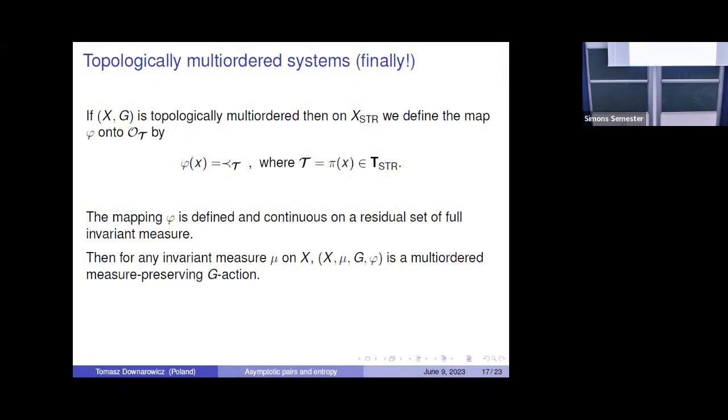So the topologically multi-ordered system is measure theoretically multi-ordered for every invariant measure. We denote such a thing by x, g, pi, phi, because we need to indicate that our mapping phi is a composition of two factor maps. One is topological, one is almost topological.